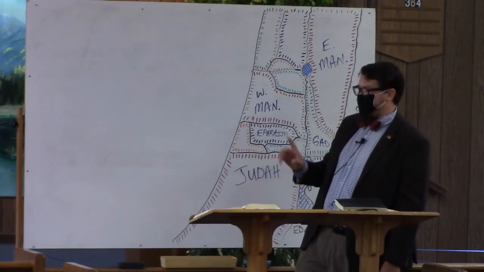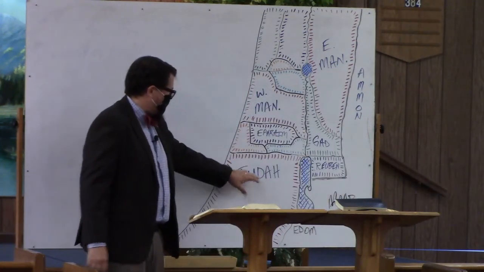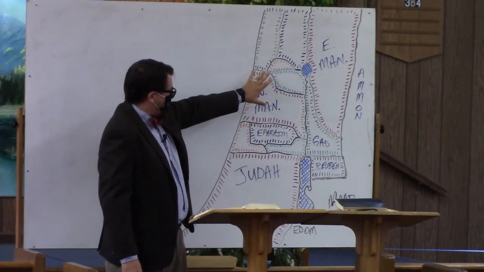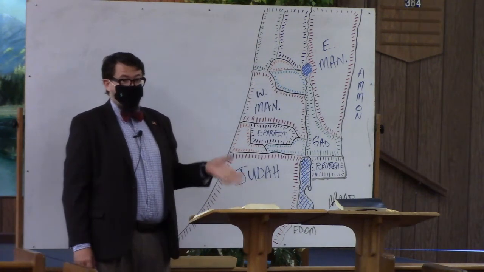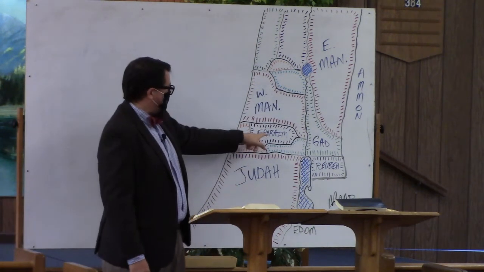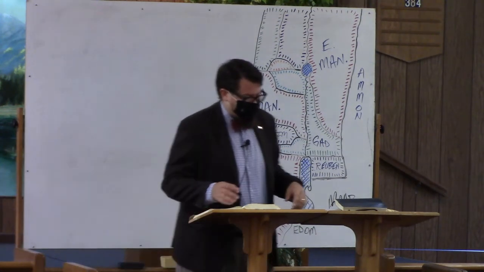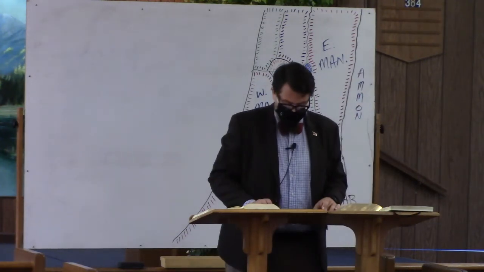It doesn't just include Judah. Most of the southern kingdom is made up of Judah. It includes some other territory as well, though. The northern kingdom, the rest of Israel, is ruled from the city of Samaria, which happens to be in Ephraim. Right? Ephraim is the seat of government for the northern kingdom of Israel.